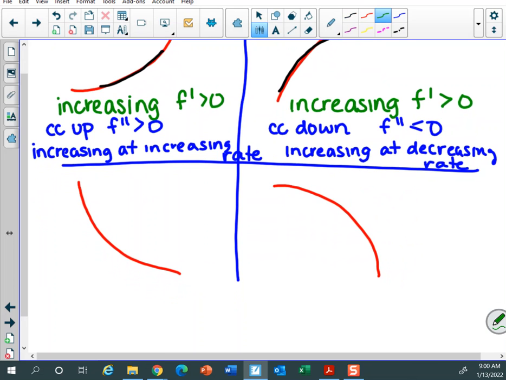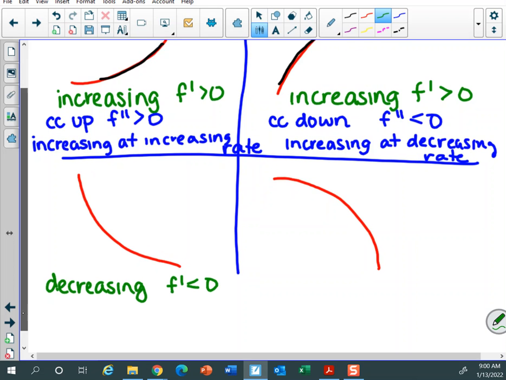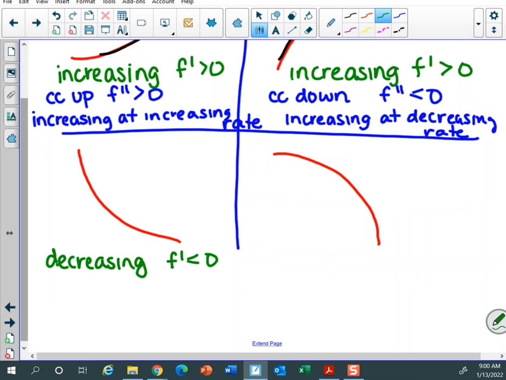If we get a curve that's decreasing, where f prime is negative, where we get a section of curve where f prime is negative, but we are still looking at concave upness. F double prime is greater than 0.